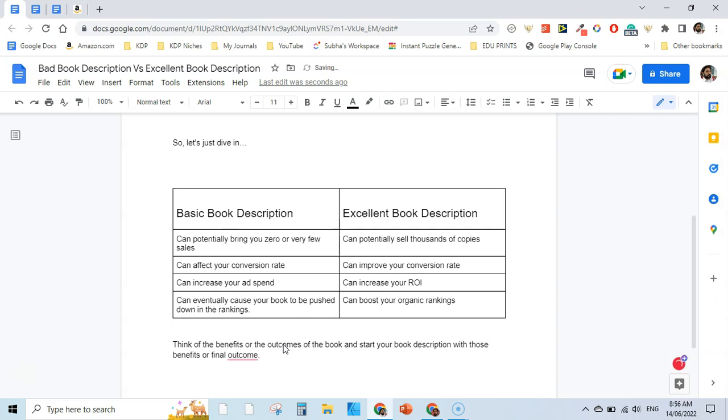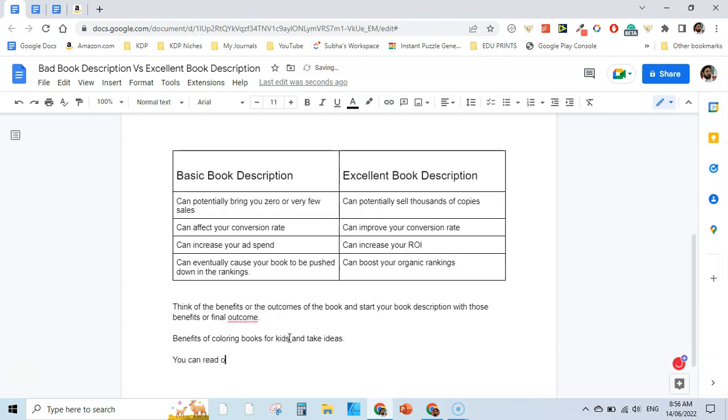You can Google benefits of coloring books for kids and take ideas, or you can read other book descriptions and note down the key benefits, not features.